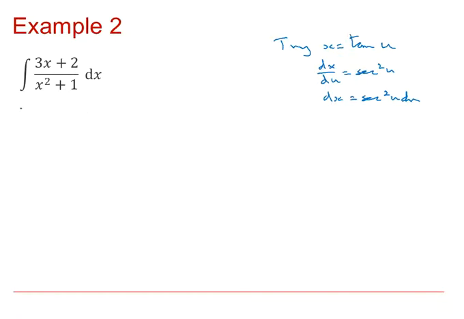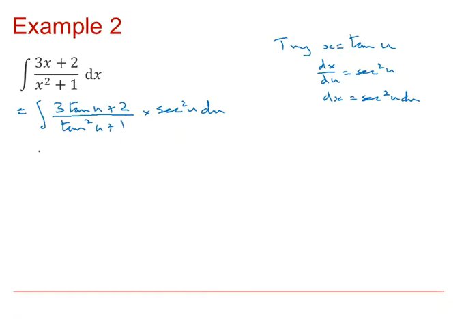Okay, so there's a lot to think about here, so we're going to take it nice and steady. So the numerator is going to become 3 tan u plus 2, and the denominator is going to become tan squared u plus 1. dx is sec squared u du.